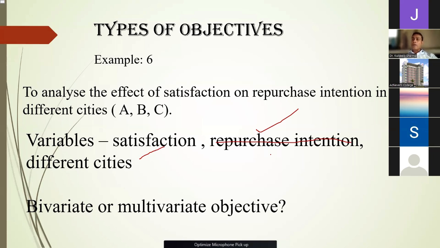So let's talk about purchase intention of cold drink bottles. So here I cannot take repurchase intention as my context, because my repurchase intention will change from city to city. If I went to Dehradun, and if someone asks me to drink one cold drink bottle and then another, I'd say no, that's too much, because I'm not sweating, my body is not dehydrated.